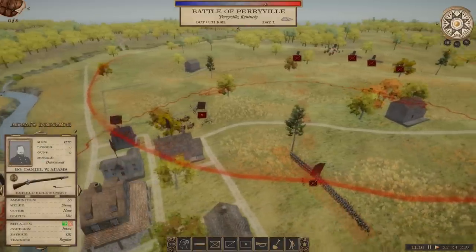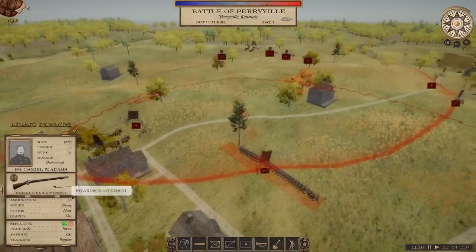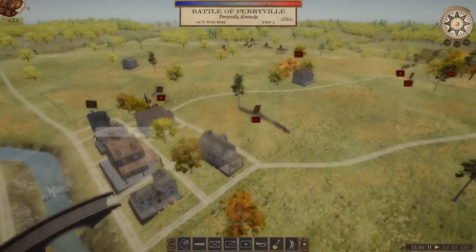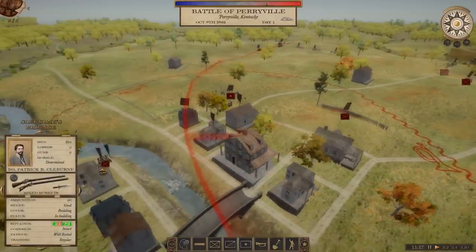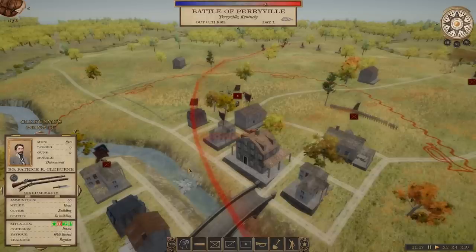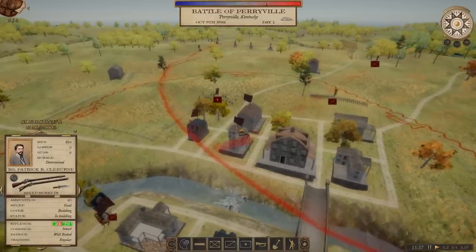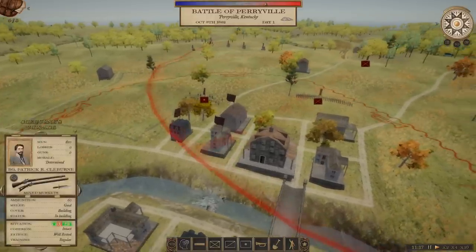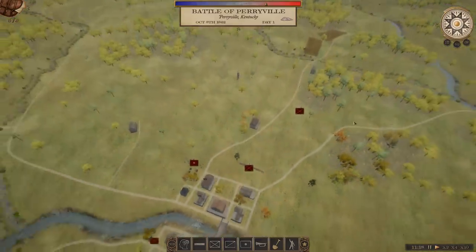And we have Adams Brigade with the sharpshooters deployed. And in these buildings we have Patrick Claiborne's troops taking cover, so the reserve is now deployed.